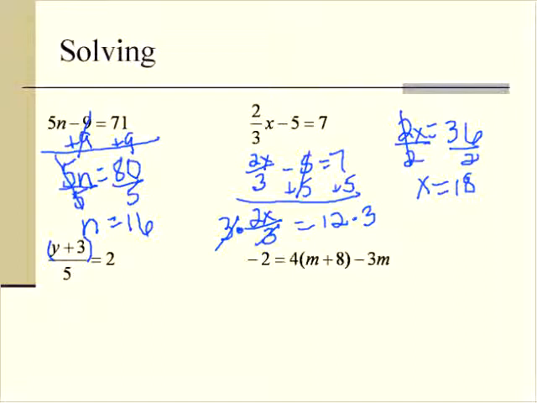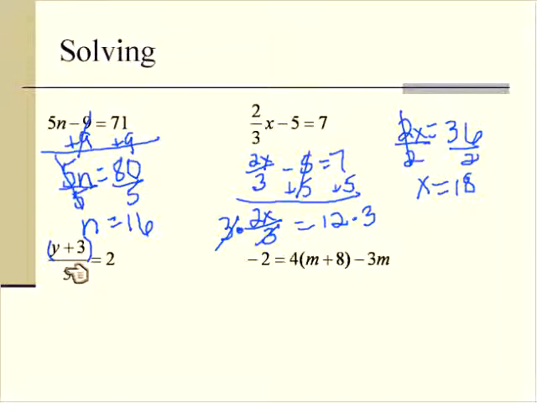So the order of operations is still going to hold true, because you are going to undo this division before you undo what's in parentheses. These parentheses are understood to be there even though they're not written there, because this addition happened first before this division.